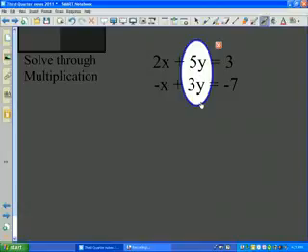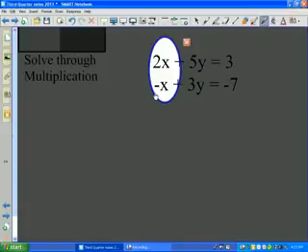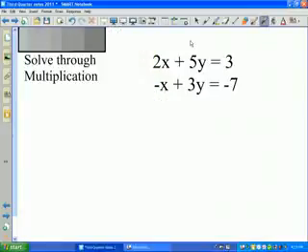In order for me to change the 5y into 15y, I have to multiply it by 3. In order for me to change that 3y into 15y, I got to multiply that equation by 5. So I got to multiply the top equation and the bottom, whereas with my x's, I just have to multiply just the bottom one by 2.